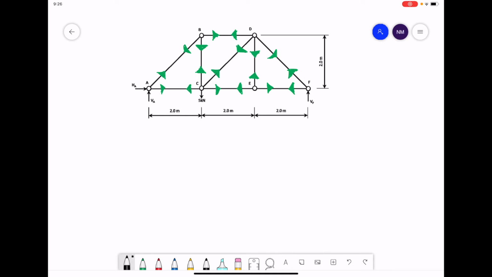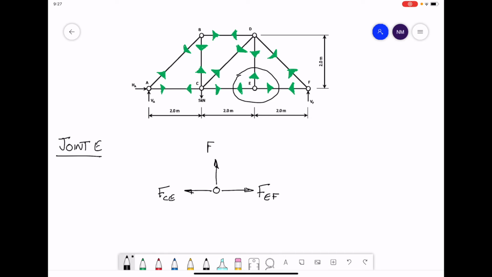The next joint we're going to look at is going to be joint E, and we're going to resolve the forces that are in joint E. First thing we'll do is to draw a free body diagram of the joint. And we have two arrows, one going left, one going right, and one going vertically upwards. These are labelled force CE, force EF, and force DE.